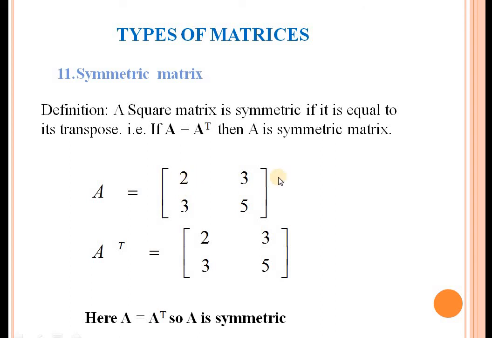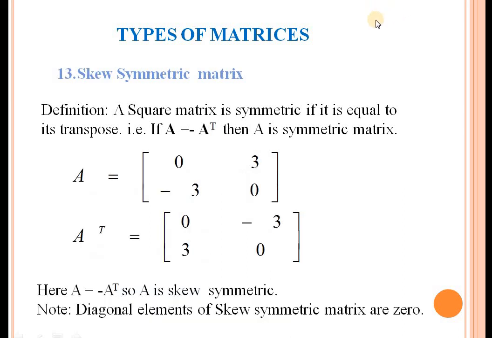First row is 2, 3. Second row is 3, 5. If I interchange its rows and columns, the first row is the same as the first column, 2, 3. Second row 3, 5, second column 3, 5. So if I interchange its rows and columns, I get the same matrix. Therefore A is a symmetric matrix. In general, Aij is equal to Aji for non-diagonal elements.